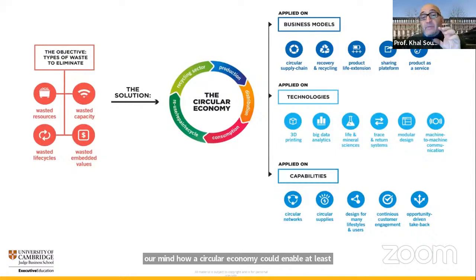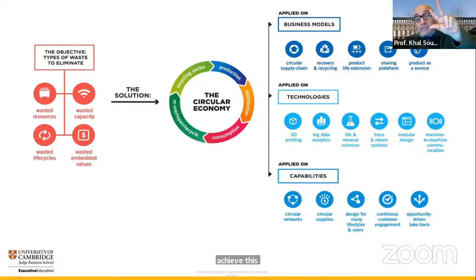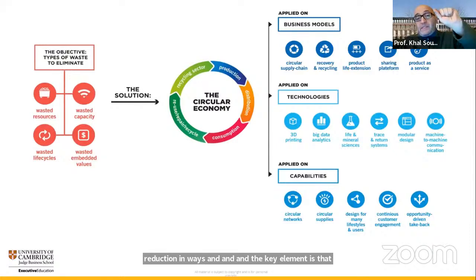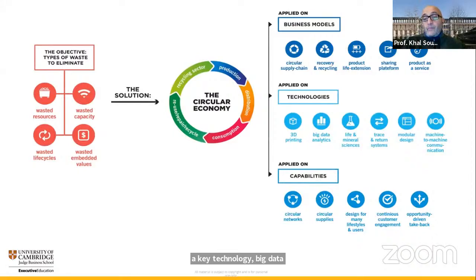And the key element is that you need to think about these three things: linking business models to technologies to capabilities. A key technology is big data analytics. A key technology is machine-to-machine communication. Both of them will fit into the Internet of Things.